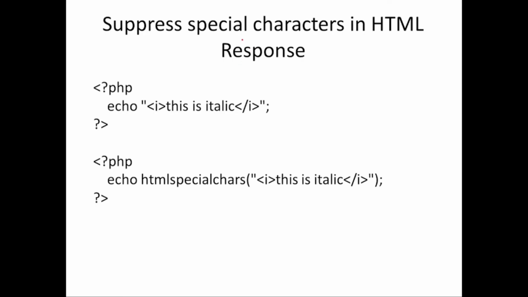Now let us take a look at the final strategy, that is suppressing special characters in the HTML response. What we have understood from our example is, let's say we have the hacker here. The hacker plants a script inside your application, and the script is stored as part of the database.